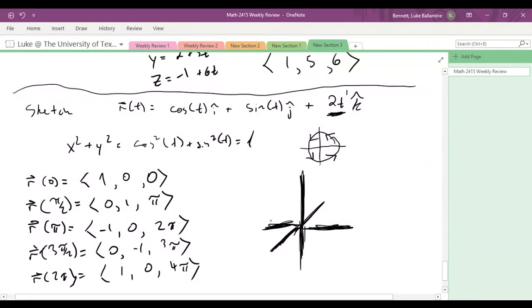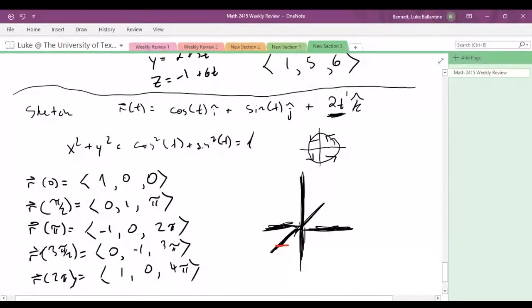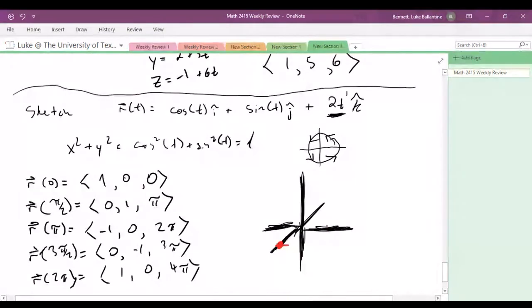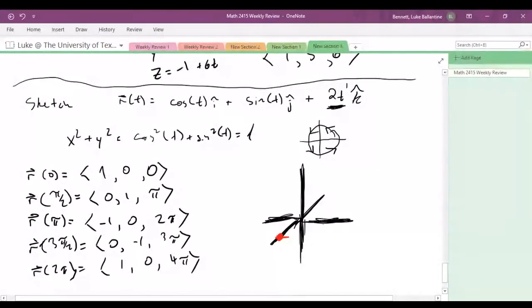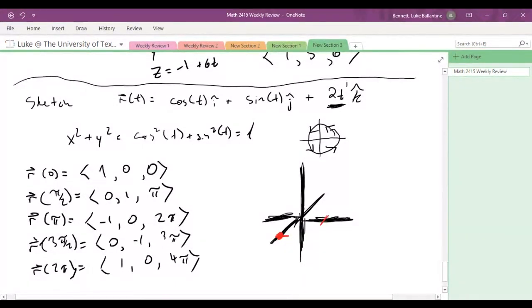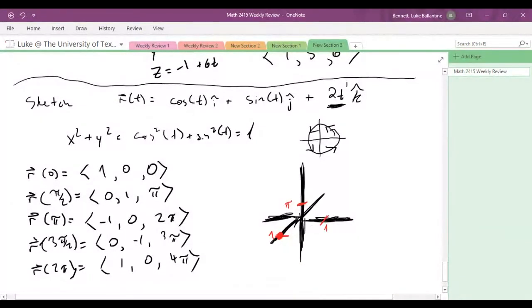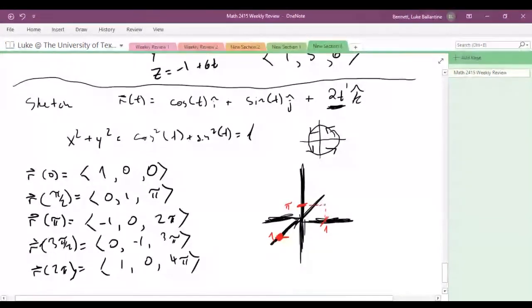At time t equals 0, we're at this point. At time t equals pi over 2, we got 0, 1, and then pi. We go with pi units. Let's just make it like that. This is 1, this is 1. And so we traveled up right here.